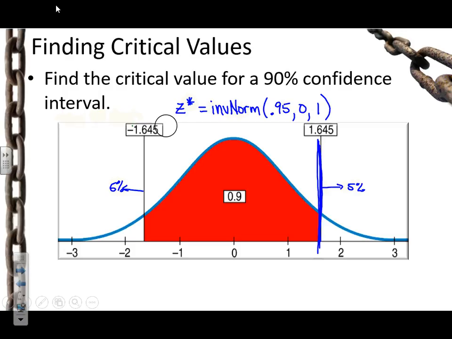Now, what I would suggest is memorizing this z-score. When you have a 90% confidence interval, anytime you do 90% confidence, it's not going to change what your z-score, your z-star, is going to be. So every time you're going to create a 90% confidence interval, that 90% is always going to associate with 1.645 as a critical value.